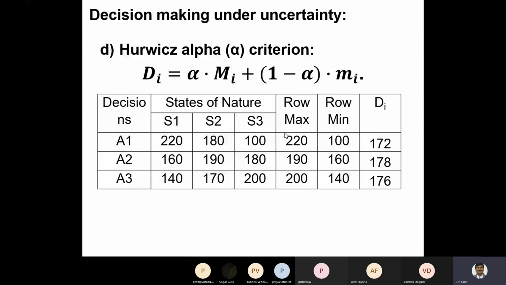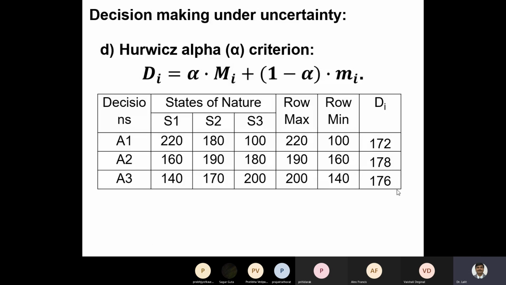So for alpha equal to 0.6, the Di value for the first action is 0.6 into 220 plus 0.4 into 100, and it comes out to be 172. Similarly, for action A2, 0.6 into 190 plus 0.4 into 160 gives 178, and for A3 we get 176.